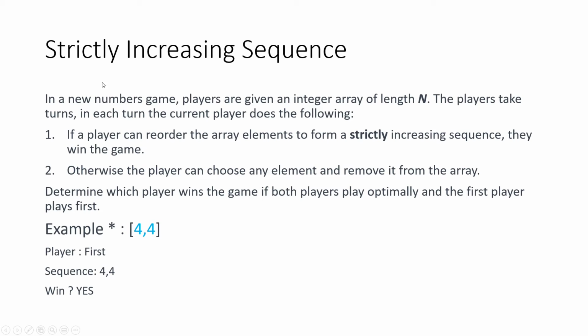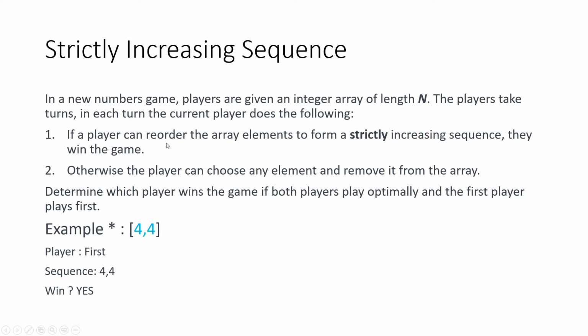The next question is strictly increasing sequence. In a new number game, players are given an integer array of length n. The players take turns. In each turn, the current player does the following. Task 1: if a player can reorder the array elements to form a strictly increasing sequence, they win the game.